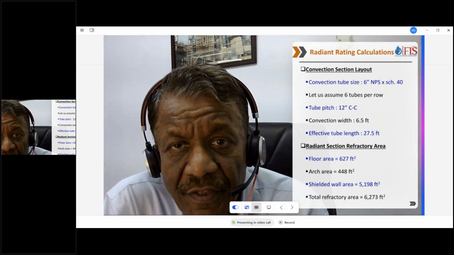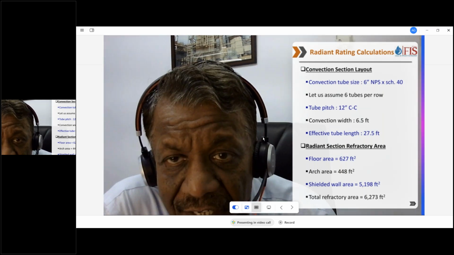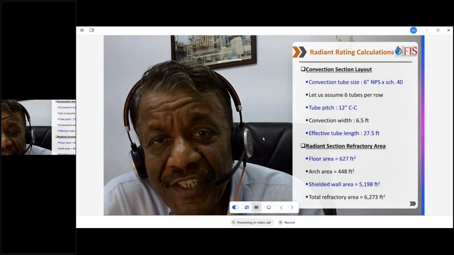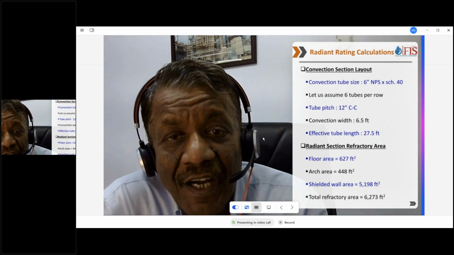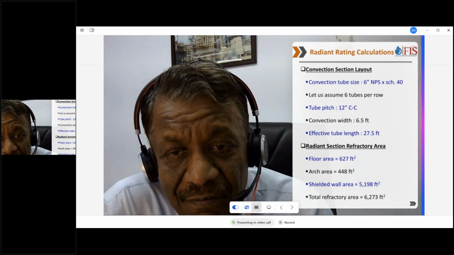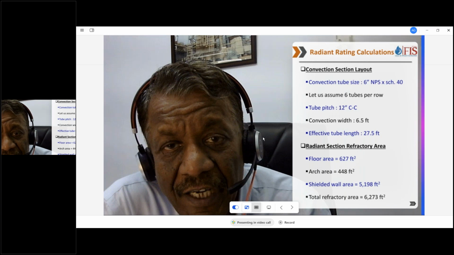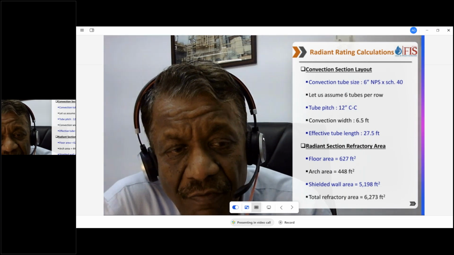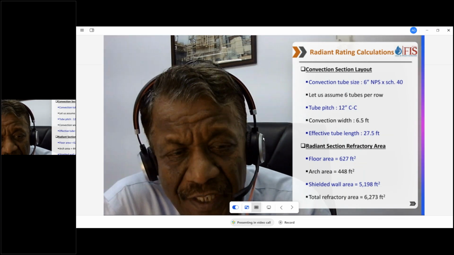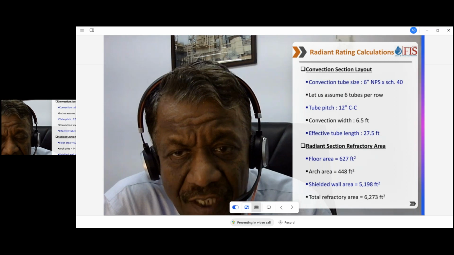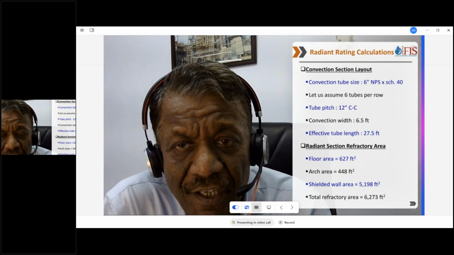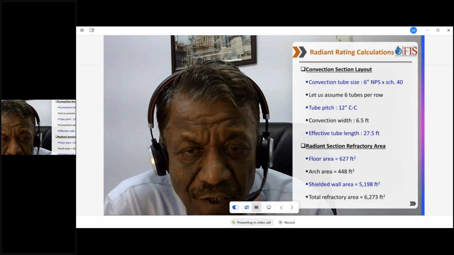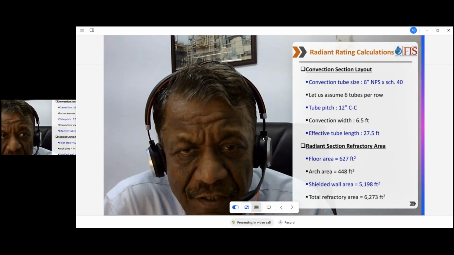So is inclined firing compliant with API 560? Yes. There is nothing in API 560 which says you cannot do it, and we have done this in about 15 heaters. I think 6 are in India and 9 in US. And it is our default, in all our new heaters we are putting inclined firing, and it is the way to go.